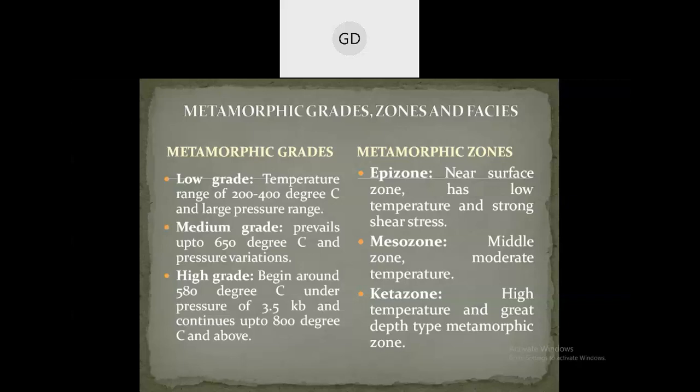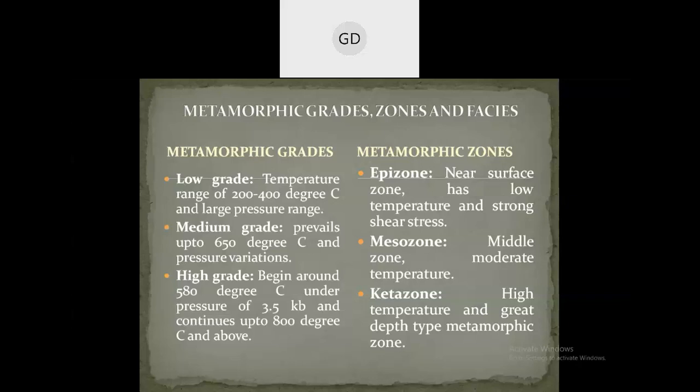The next comes your mesozone. The mesozone is the middle zone, in which temperature also plays a very important role. The temperature is moderate here, between 300 to 500 degrees Celsius. The pressure factor is of two types, shear as well as hydrostatic.